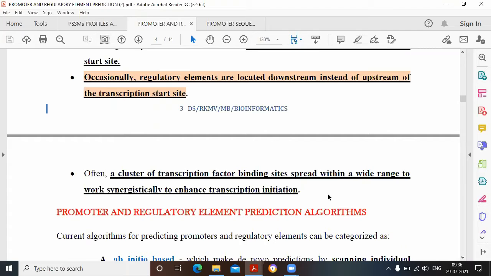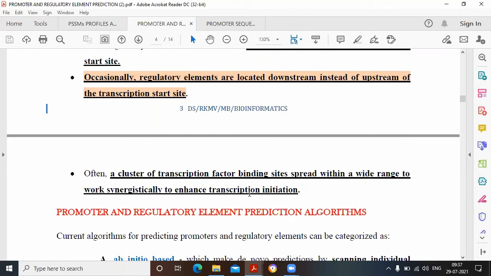In the wet lab, some people have already proved that this is the site, this is the sequence, some proteins are binding, and ultimately they control the RNA polymerase function. So we apply this clustering concept to find the promoter as well as the regulatory sequence, in both the prokaryotic and the eukaryotic systems.